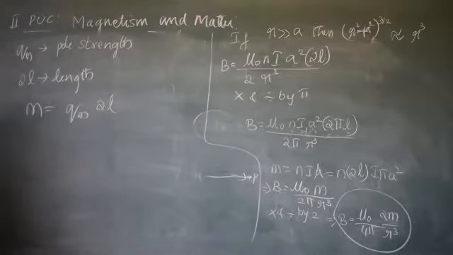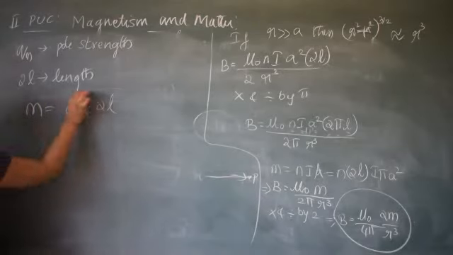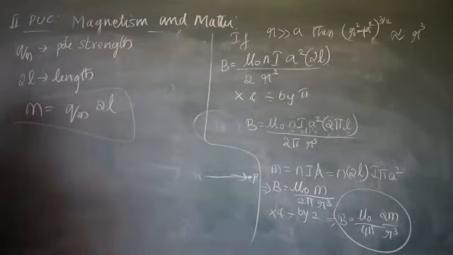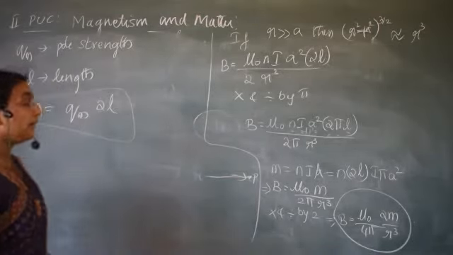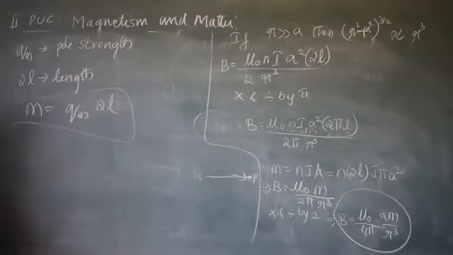If plus Qm is the pole strength of the north pole and minus Qm is the pole strength of the south pole, then also we can write magnetic moment is equal to Qm into 2L. This is one of the expressions which you can use for calculating the magnetic moment of the bar magnet which is having the pole strength Qm.